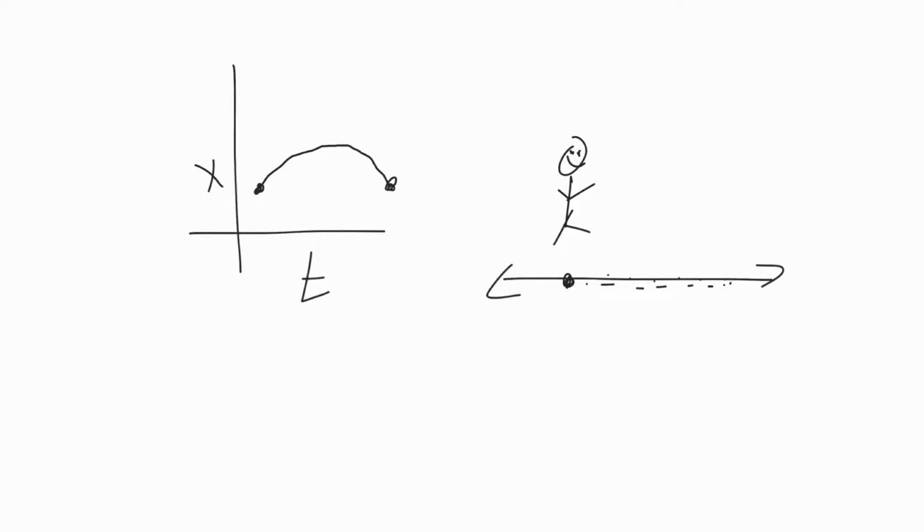At some point, I don't know where, you're in charge of the running, you're doing whatever you want, but at some point, you have to turn around and come back. And when you make that little pivot there, at that point, wouldn't you agree that your speed was 0? That as you turned around, you had a velocity of 0 at that point? I mean, surely that's what it means to turn around, right?